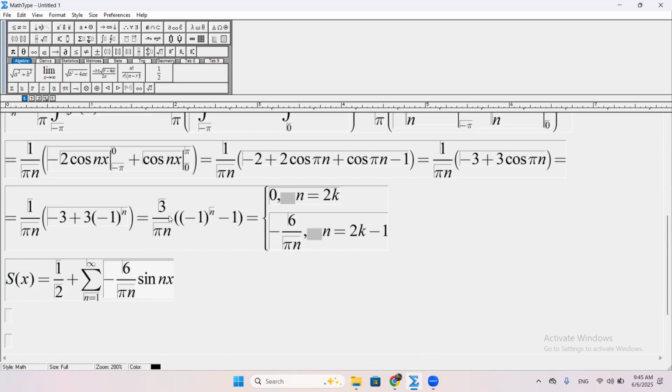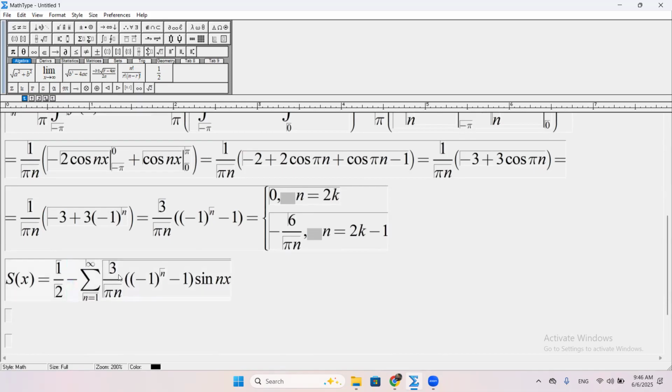Stop. No. Let's first of all write it down like this. But we know that the Bn coefficients are not equal to 0 only when n is odd. So we can write it like this.